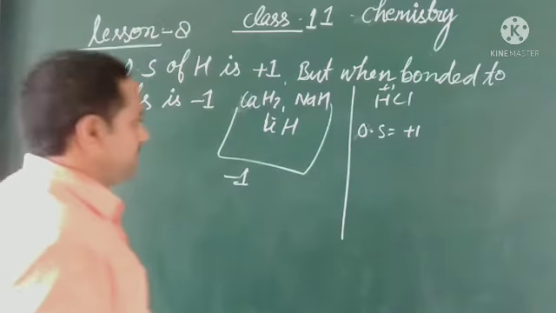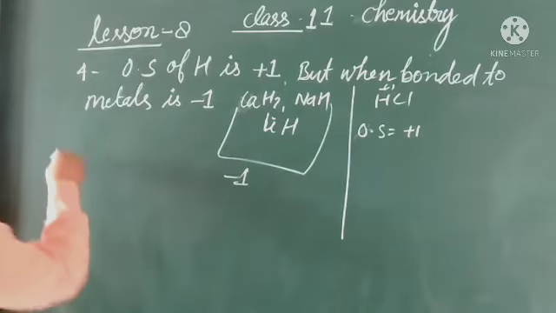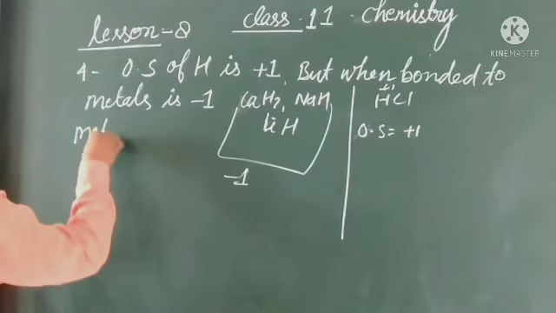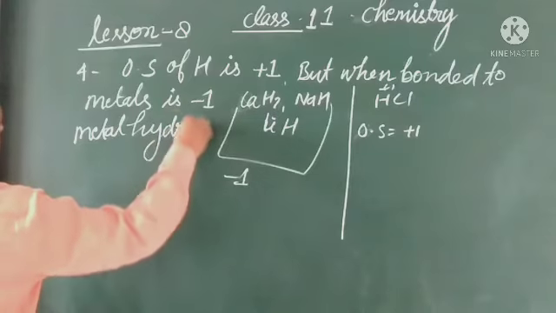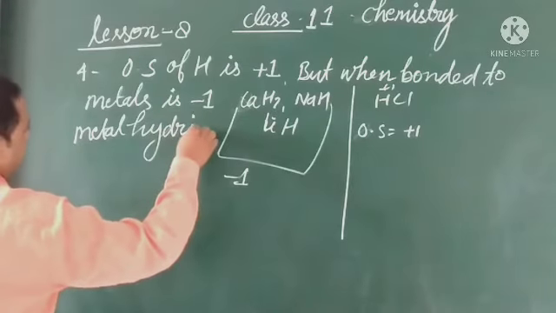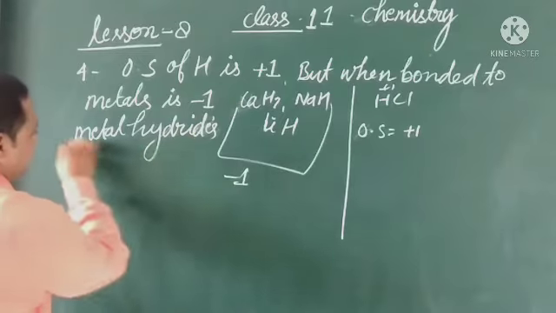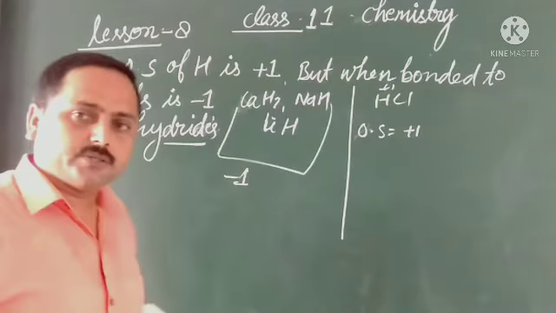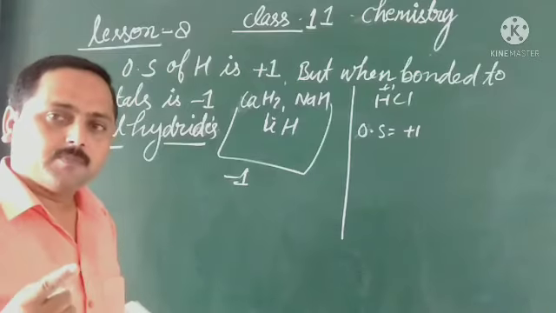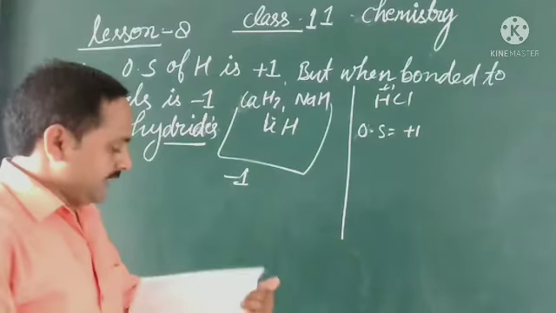So in most cases, we can say metal hydrides. In the case of metal hydrides, the oxidation state of hydrogen is -1.